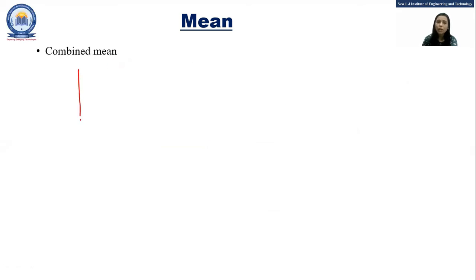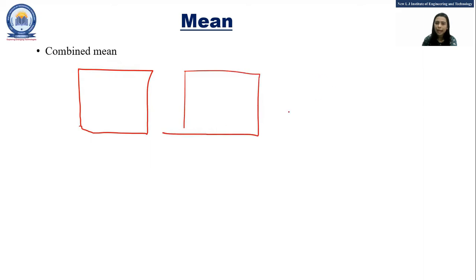Suppose you are given n number of groups, or let's consider m number of groups. This is the first group, this is the second group, this is the m-th group. For the first group, the x bar is given and the value of n is given, that is the number of elements.